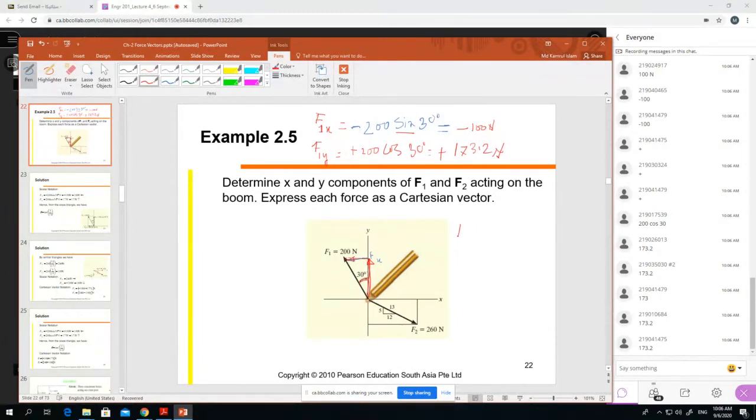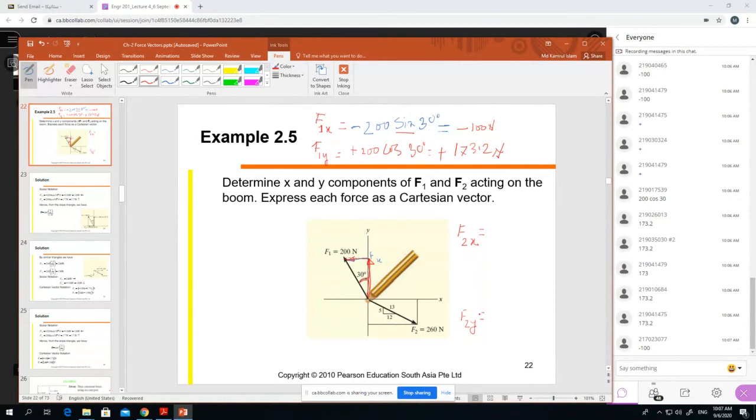Now I don't write in detail, but you are going to tell me straight away F2x equals how much, and F2y equals how much. Tell me please. F2x is how much?